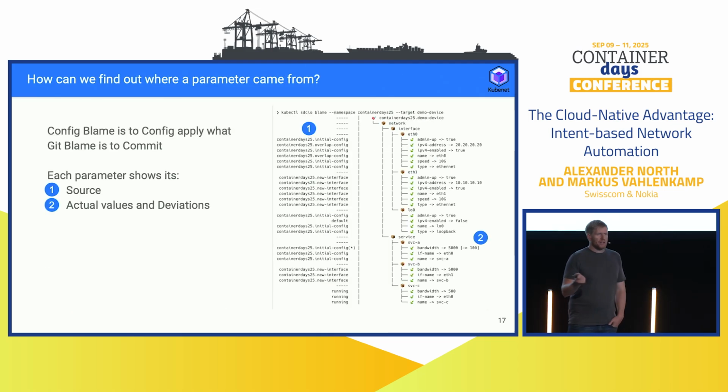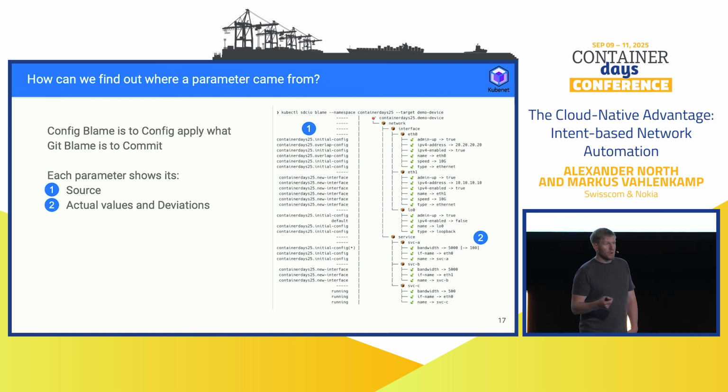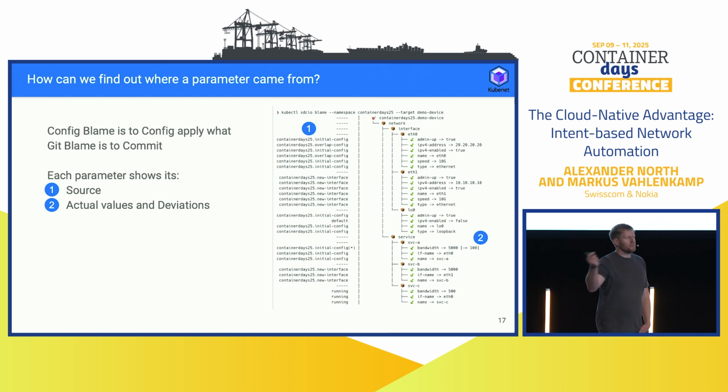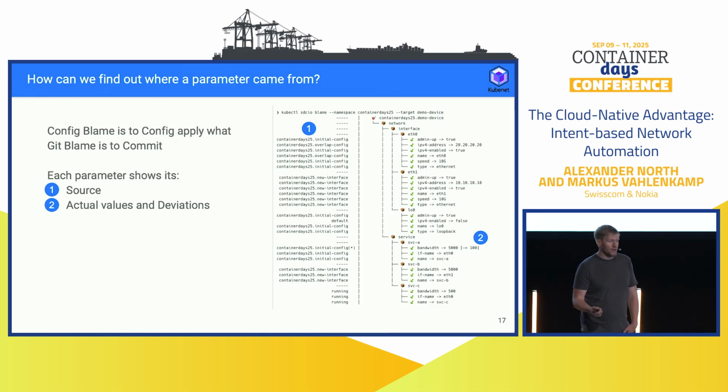And now back to the initial scenario where I said we have 200 whatever configuration intents that we've applied to a single target, and now we need to figure out what's the source of a specific value in our configuration. So what we did is we built a kubectl plugin, SDCIO, and that has a blame command.